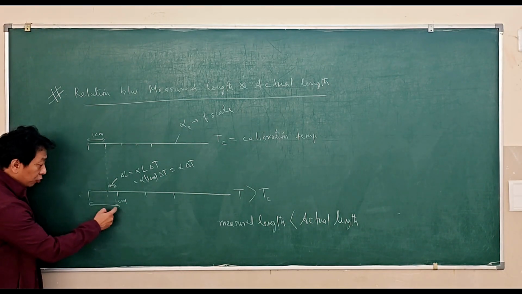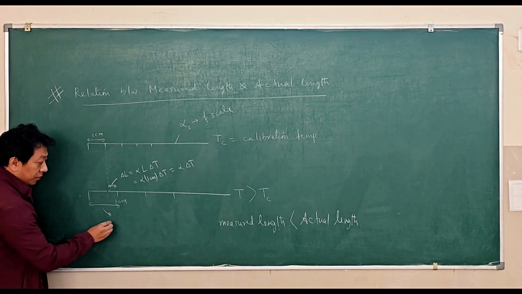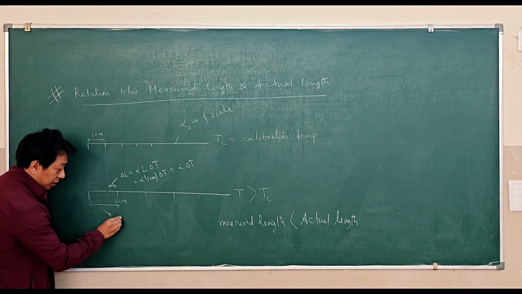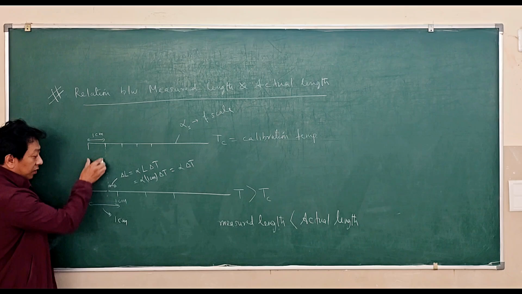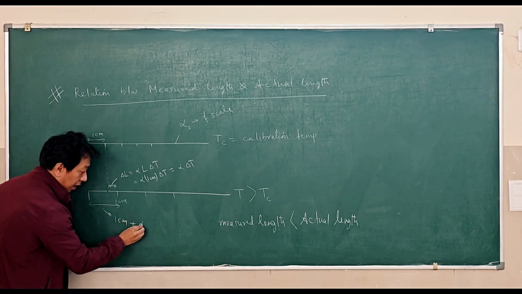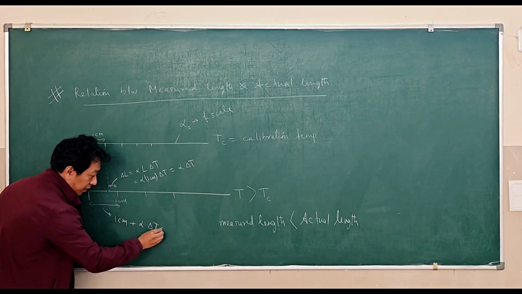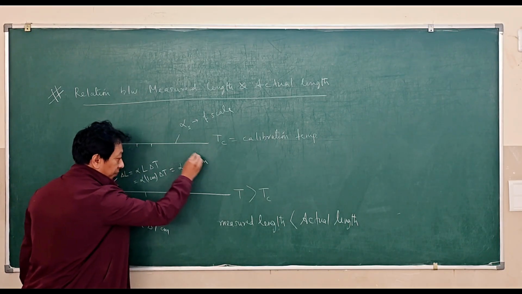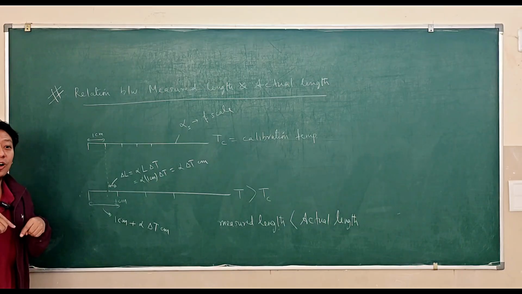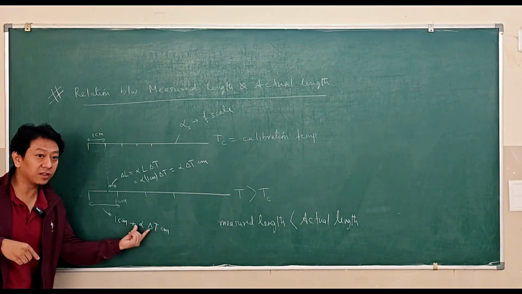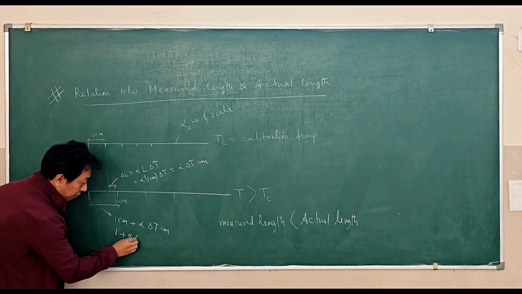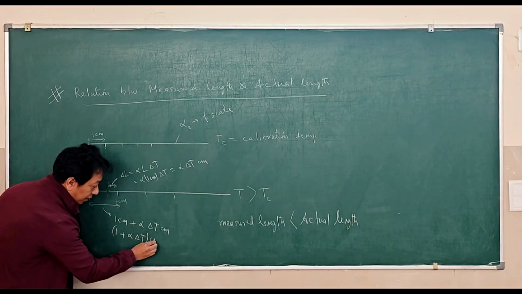So what will be this new 1 centimeter? 1 plus this much, the actual 1 centimeter plus this much, which is alpha delta T centimeter. So if you measure 1 centimeter, you should actually think it is 1 centimeter plus this much. Yes or no? Which can be written 1 plus alpha delta T into centimeter.